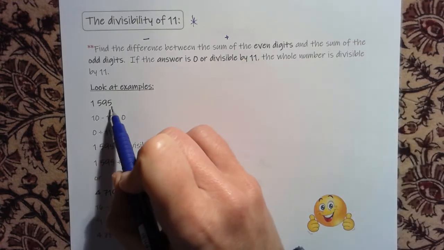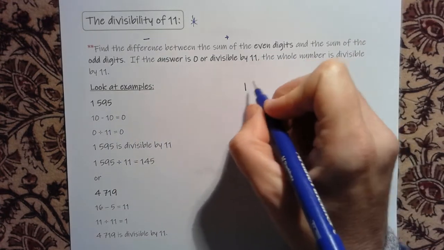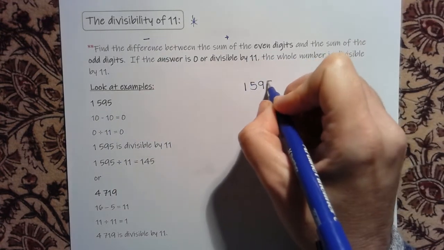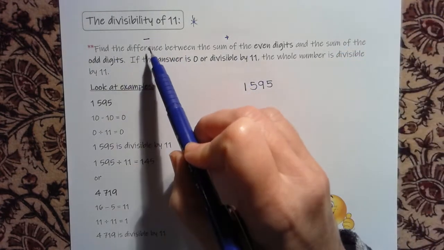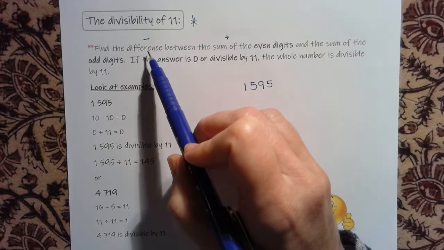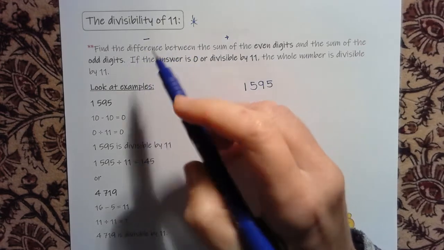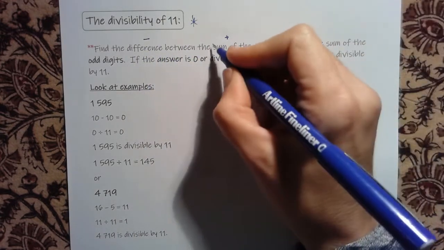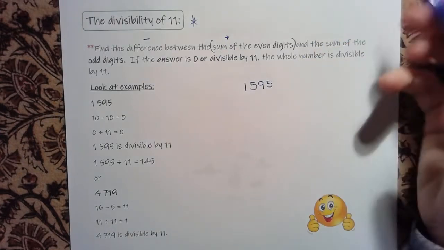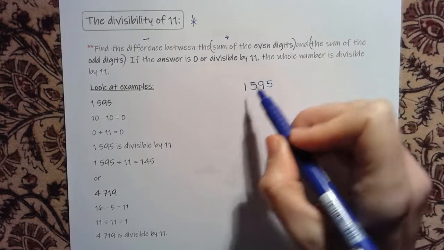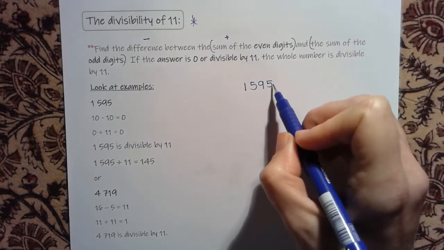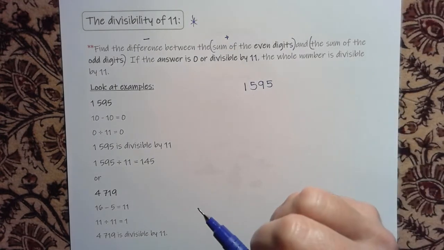So let's look at this number that we've got here, 1,595. So they say, find the difference. So I'm going to minus. So what am I going to minus? I'm going to minus the sum of the even digits and from the sum of the odd digits. So here we have digits, 1595, okay?